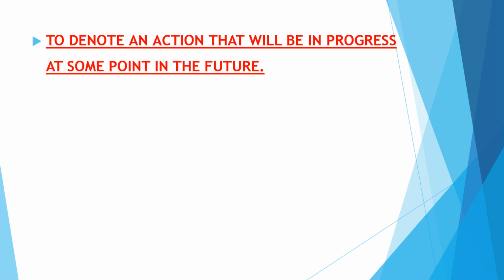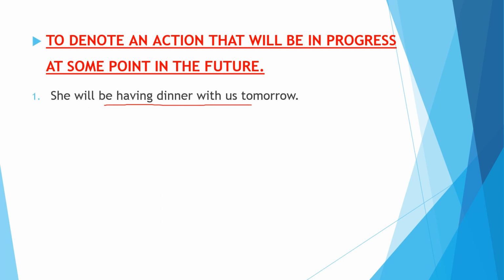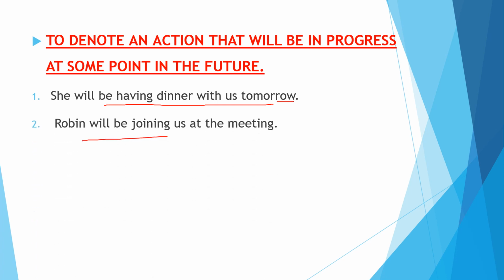To denote an action that will be in progress at some point in the future: She will be having dinner with us tomorrow. Robin will be joining us at the meeting. So a meeting is a process that will continue for some duration of time.